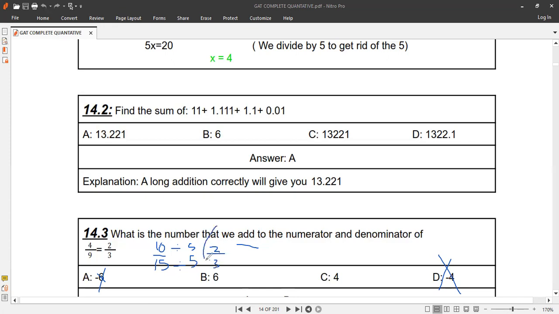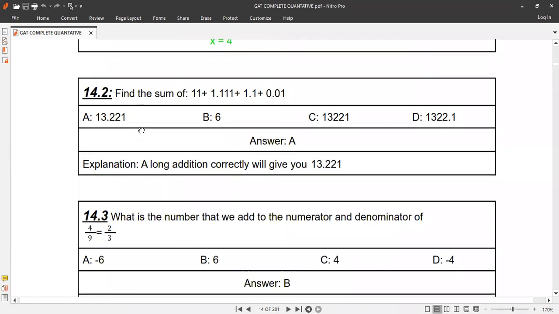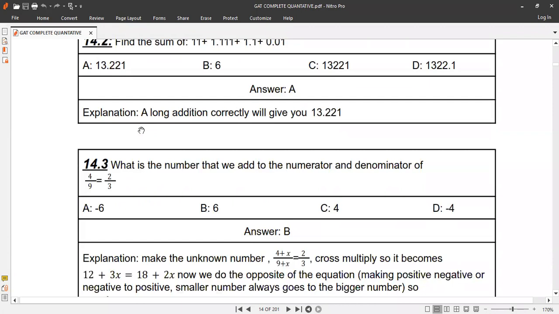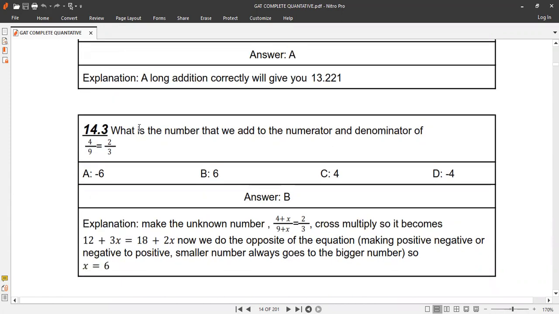So as you can see, we add 6 to both numerator and denominator. Let me see how they talk about it. No, I think the easiest way is to try out the options.